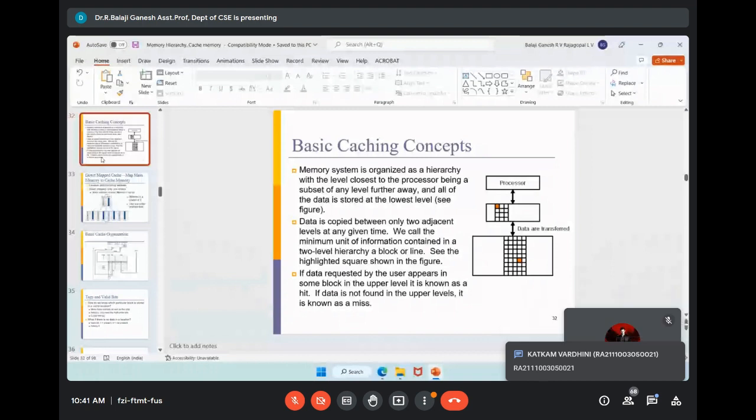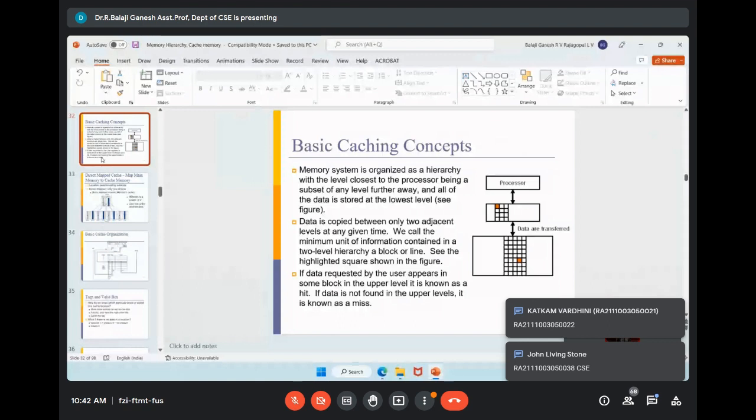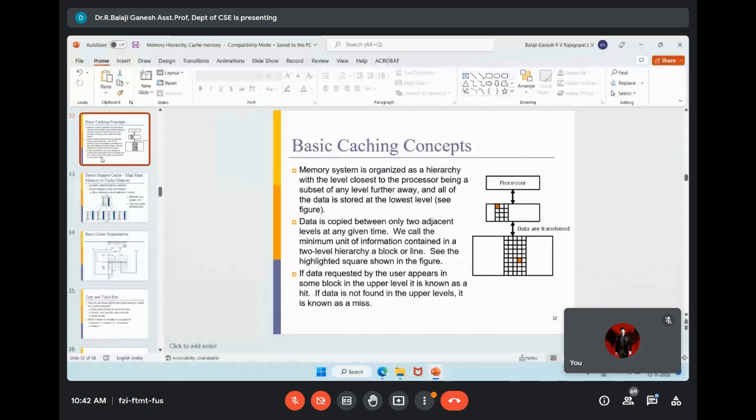Once the cache is full or the required data is not available in the cache memory, then one of the blocks needs to be evicted. That means it has to be sent back. Eviction, that word many of you might be familiar with. So one of the cache blocks has to be evicted. Which cache block has to be evicted? There are certain algorithms to decide that, which we call cache replacement algorithms.